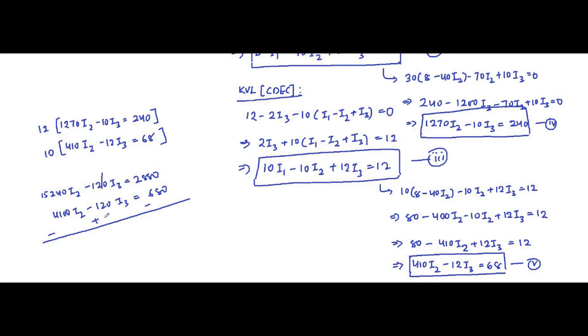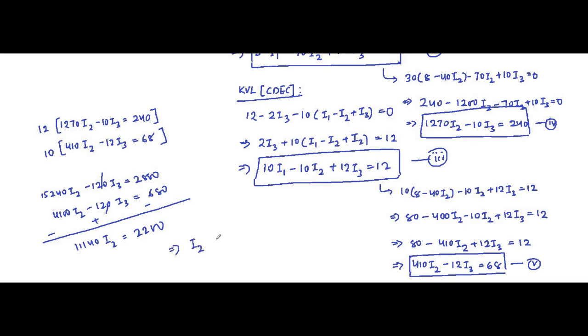The I3 part gets cancelled, and let us just calculate. It is coming around 1140 I2, and this is coming 2200, yes, 2200. So now we'll calculate the value of I2.